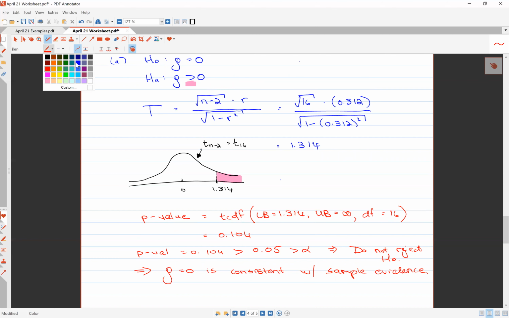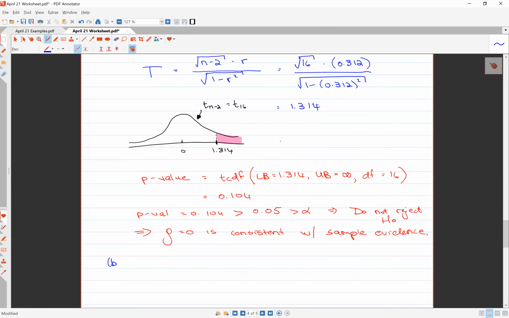Now, there's a part B to this problem, and all that does is it increases the sample size to 38. And we're trying to see what would happen to this test if we had the same sample correlation, but it had been obtained using a larger sample size.